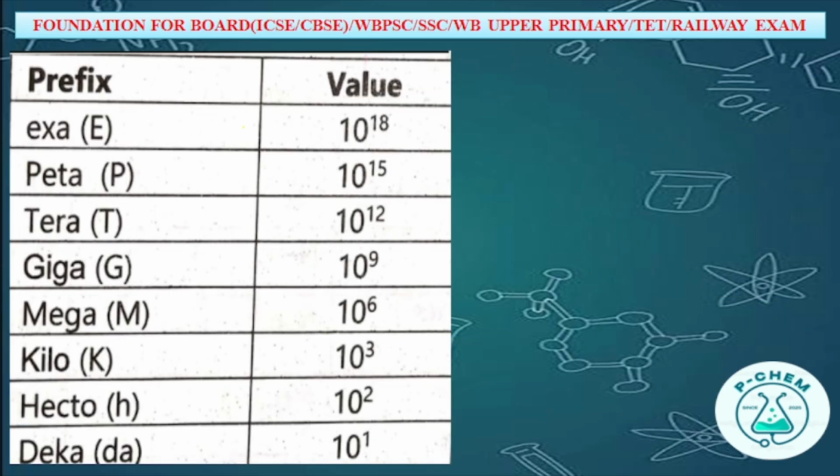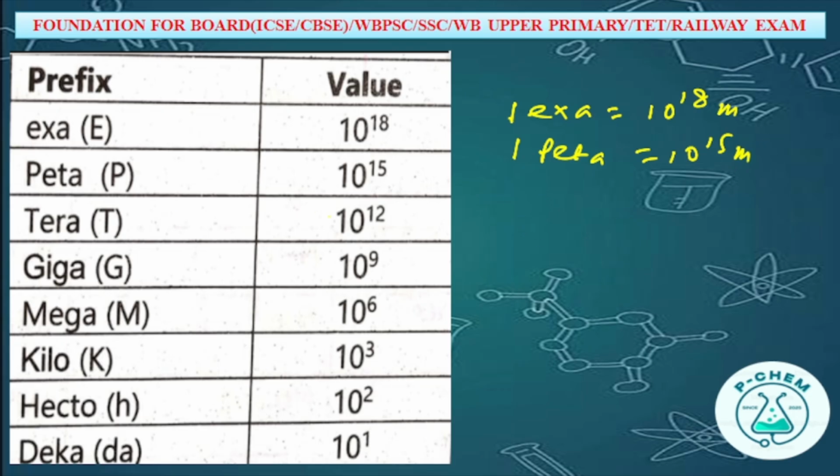Then we can write some prefixes and their values. 1 exa is equal to 10 to the power 18 meter, 1 peta is 10 to the power 15 meter, decreasing by 10 to the power cube each time.